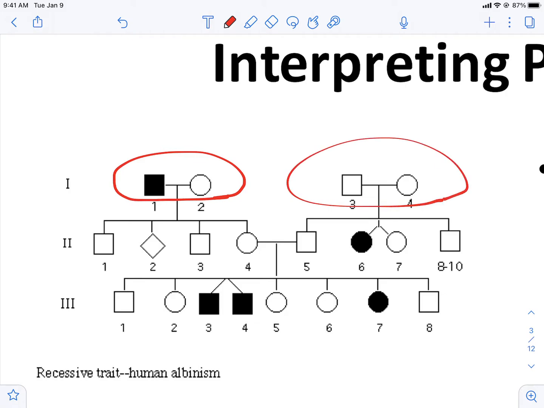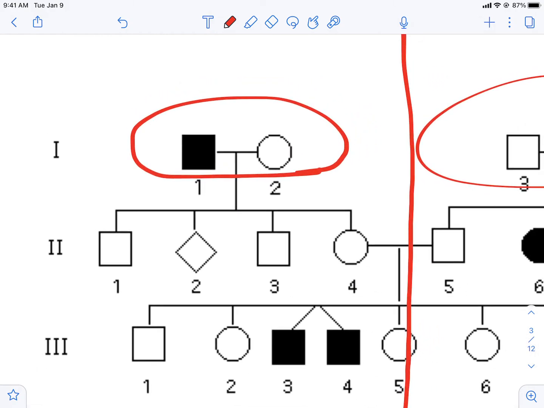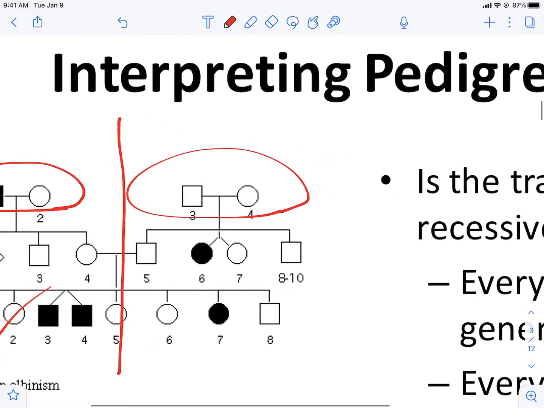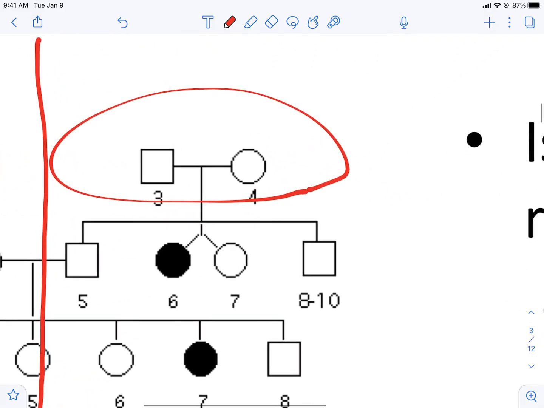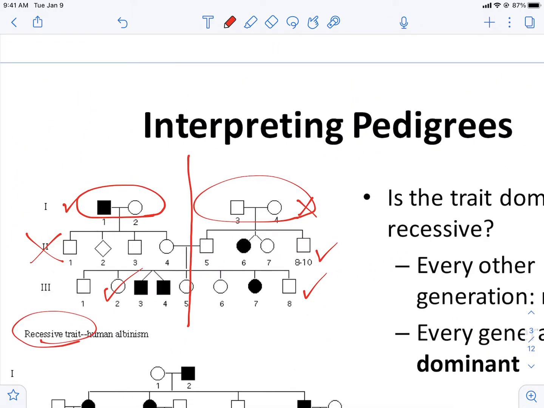So since we have 2 couples starting this family, we need to kind of divide this in half, all right? And on the left half, we need to check, do we have a colored square at every generation? Yes, yes, no. So if it skips a generation, this is a recessive trait. The same is true for the other side. If we go to the other side, yes, yes, no. Nobody's colored in there. So that is a recessive trait.